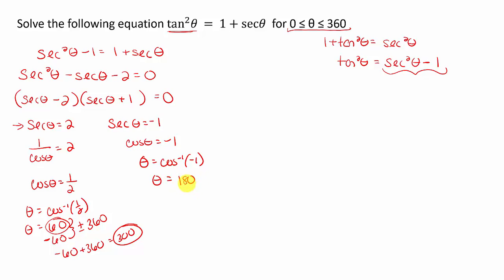Again, cosine rules: I take this value, I take its opposite, and I can add or subtract 360 to both of those. This one is between my 0 to 360, so I'm good there. If I add 360, I'm over my values, and if I subtract 360, I get a negative, and since we started at 0, that doesn't work. If I take my negative 180 and add 360, I get positive 180, which I already had, so that's the only answer I'm going to get.